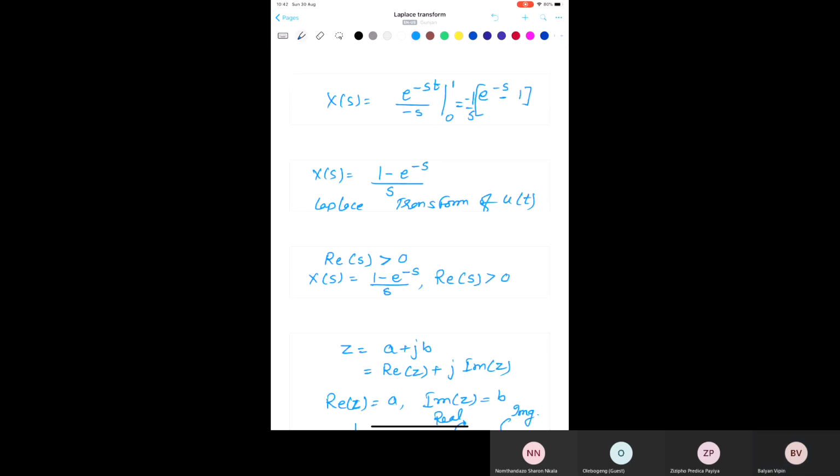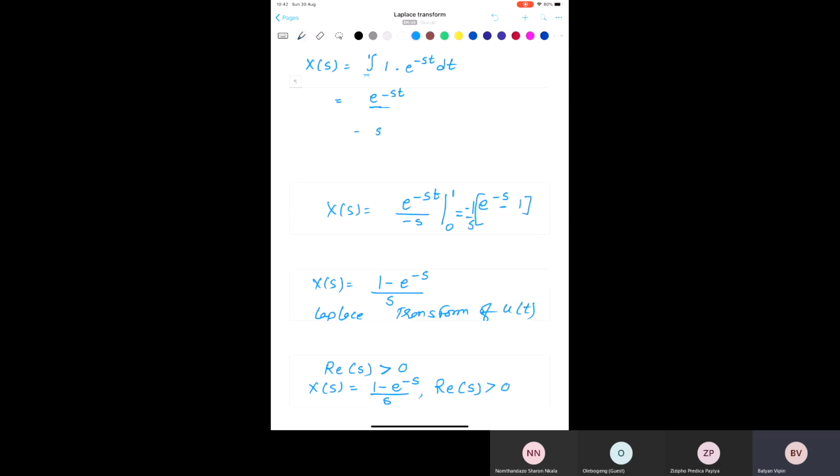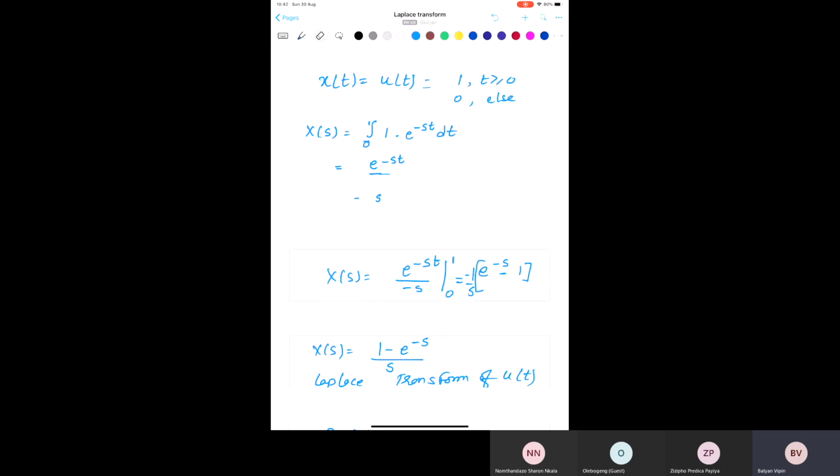Since t greater than or equal to 0 means it is from 0 to infinity, here I need to define it as 0 to infinity, and nobody said anything to me. I was just checking your knowledge of this course, and nobody raised any question on it. I just kept on putting the limits.